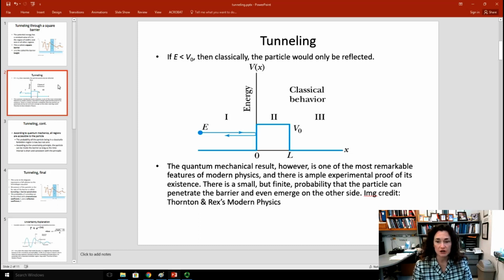But the quantum mechanical result is one of the most remarkable features of modern physics, and there's a lot of experimental proof that it's true. What it tells us is that there's a small but finite probability that the particle will move through the barrier and emerge on the other side.